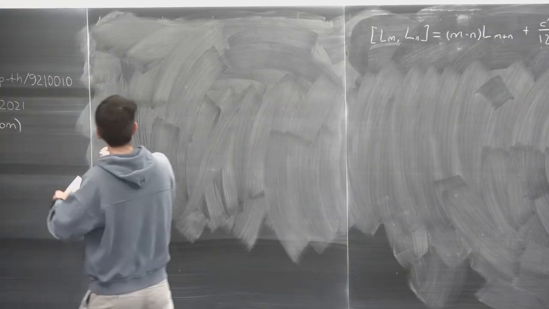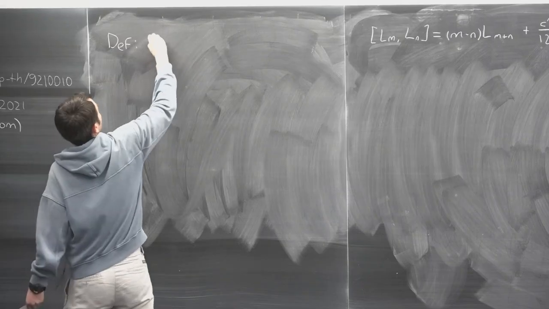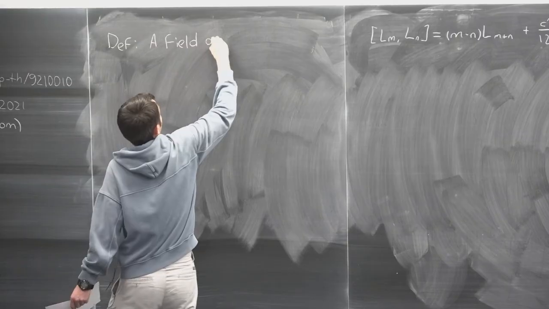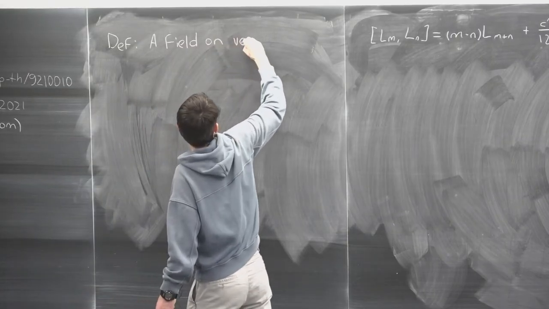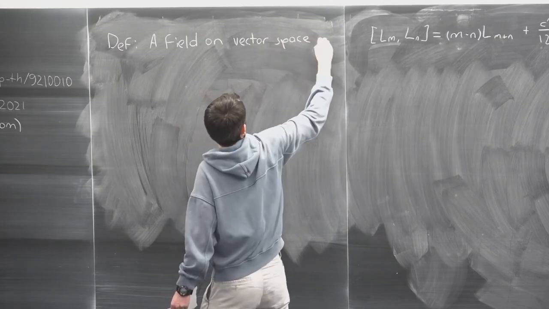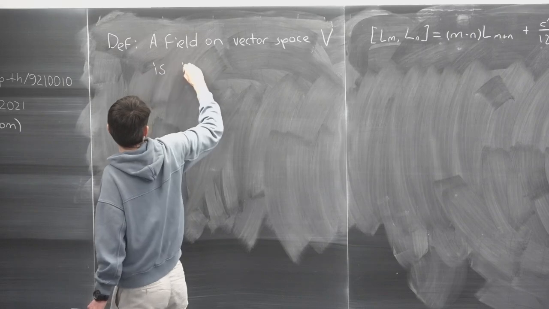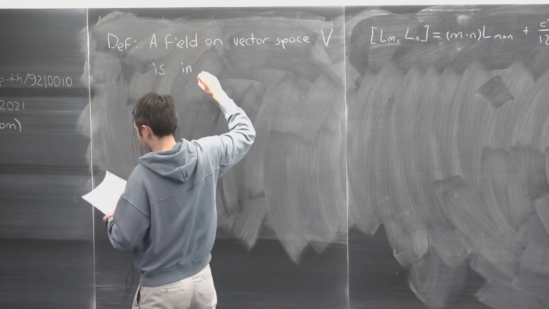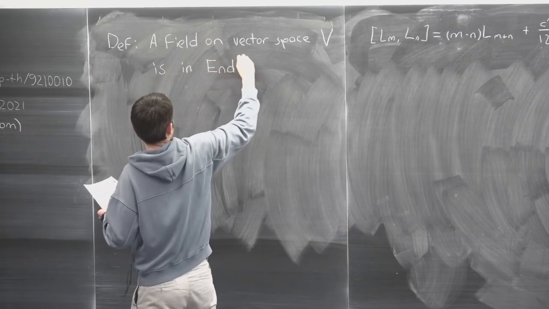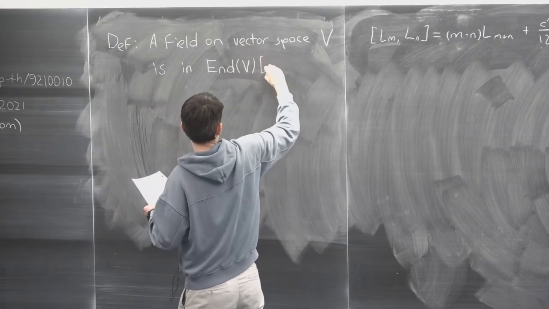So let's be formal and write a definition. A field on a vector space V is an element of linear maps from V to itself.